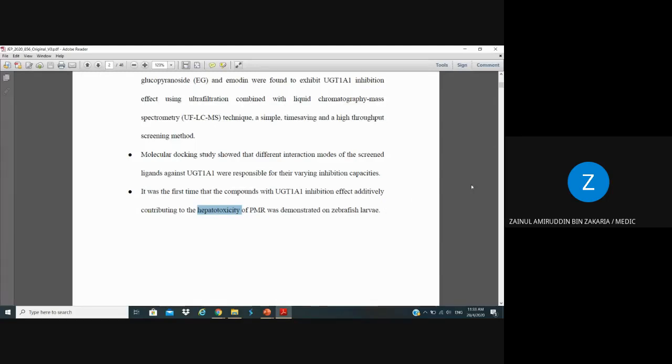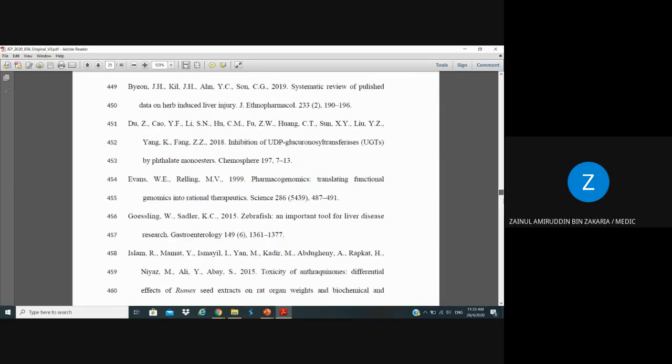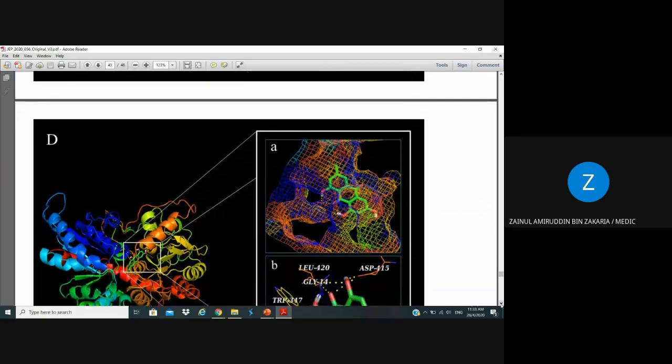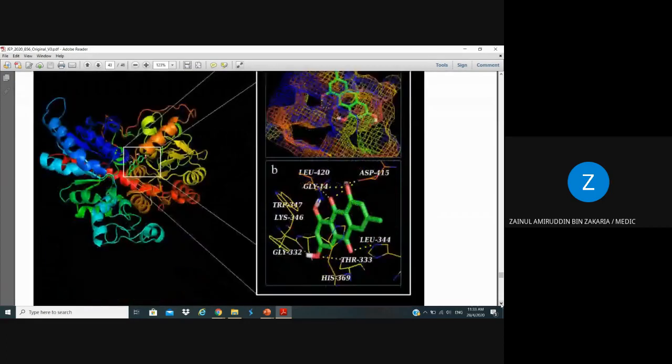zebra fish instead. At the end you can see what we call structure activity relationship. You know the structure of the compound, you put it in a computer using certain software, and you can know based on the binding. You saw the yellow dot and so on.